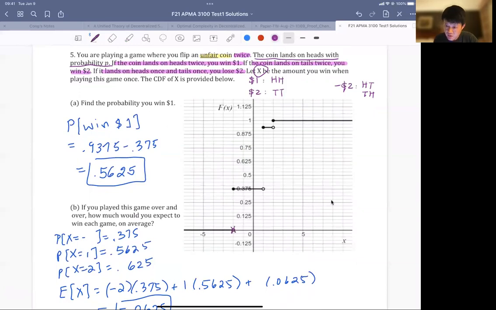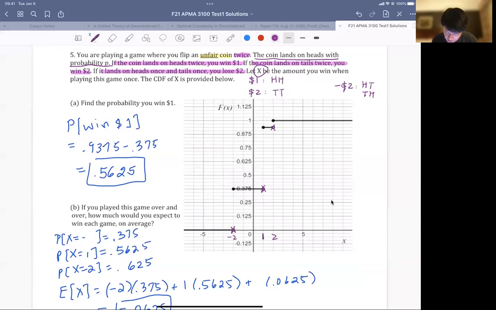These are the range of X. So you have basically -2, 1, and 2. That's exactly what I just said. These are the range of X.